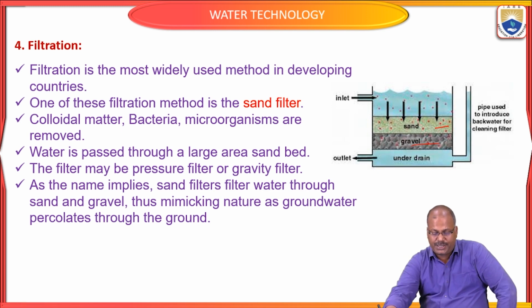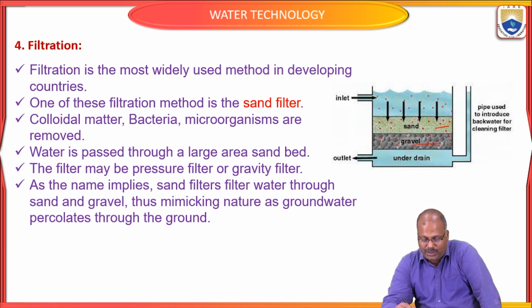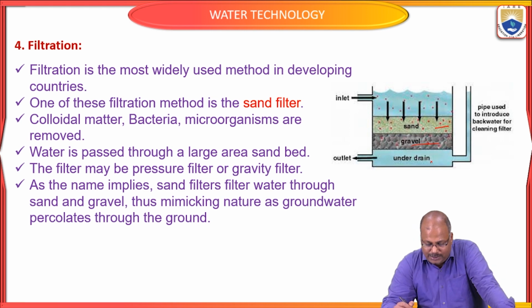So sand filtration: whatever water is collected at the inlet passes through the sand bed, then gravel, and then the under drain. At the outlet, you can filter just by gravity, or you can apply pressure for faster filtering.